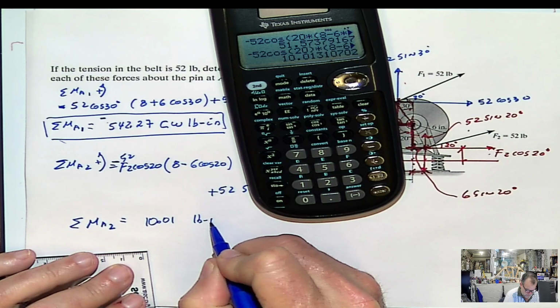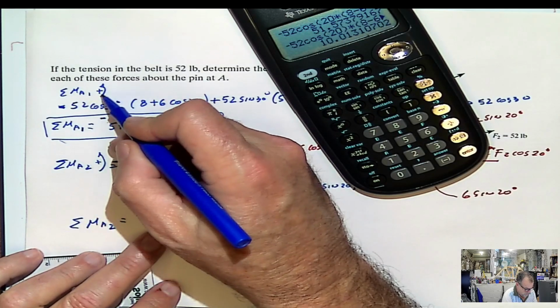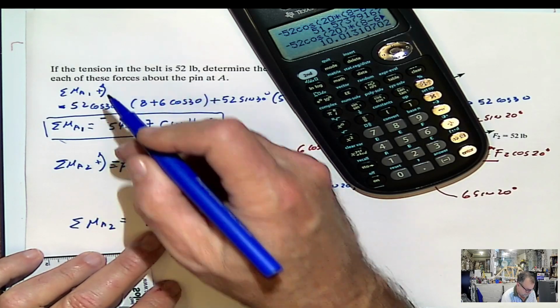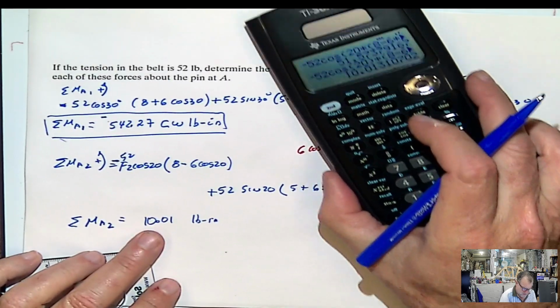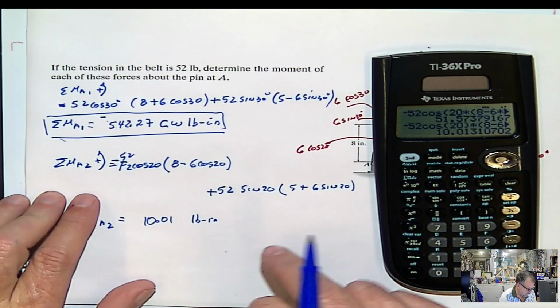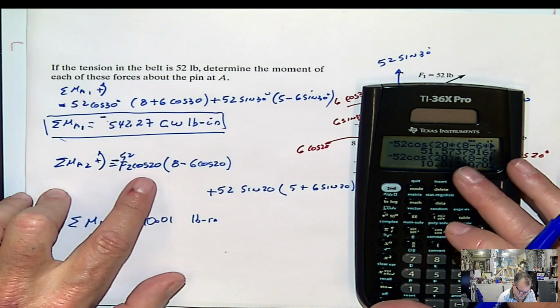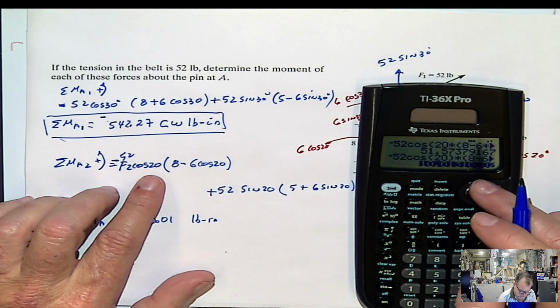pounds per inch. Because the result that I'm getting is positive, and I assume this as positive. Yeah, it's positive.